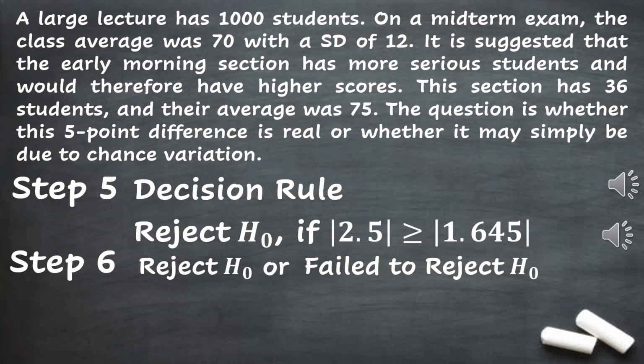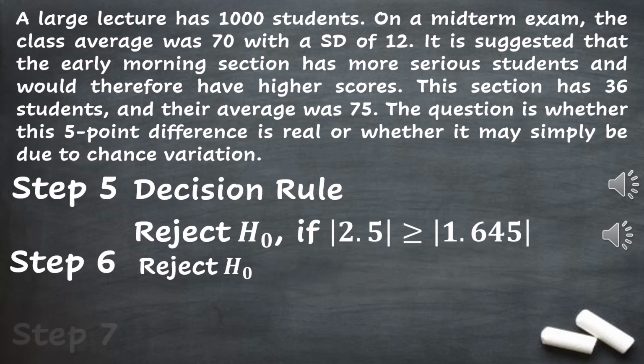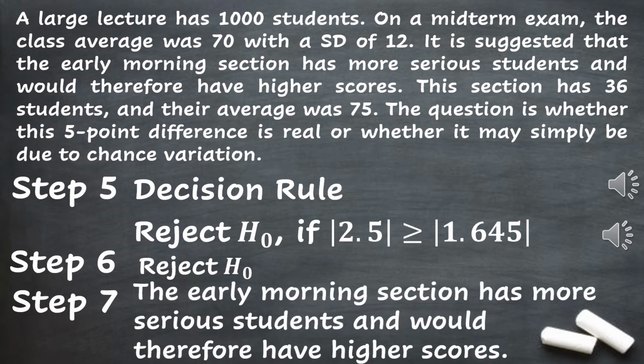So meaning to say, we reject the null hypothesis since the given inequality is true. The next and last step for this given problem is the conclusion. Since in step 6 we said that we reject the null hypothesis, the conclusion will be the early morning section has more serious students and would therefore have higher scores.